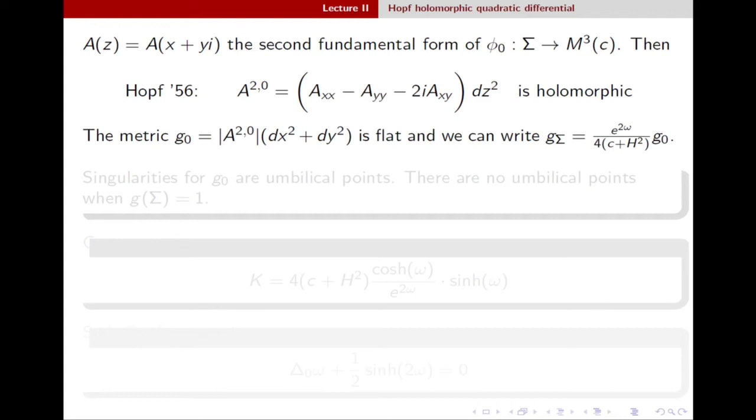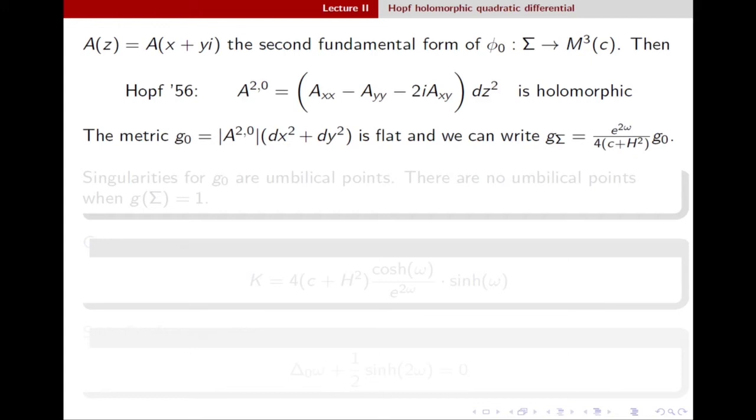holomorphic quadratic differential observed by Hopf in '56, right? And so essentially what you have here is that if you use complex coordinates on your surface, then this quadratic differential here is always holomorphic if your surface has constant mean curvature in a space form.